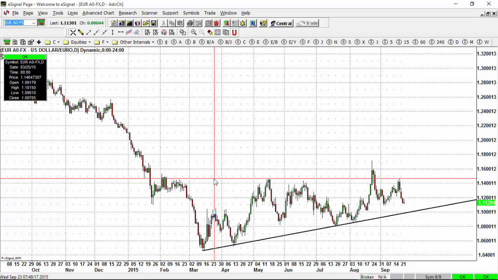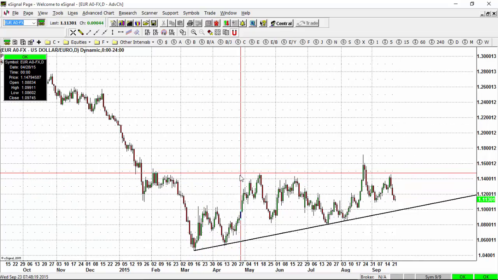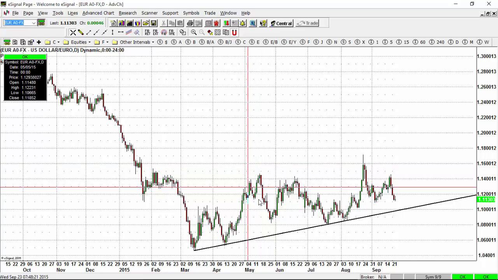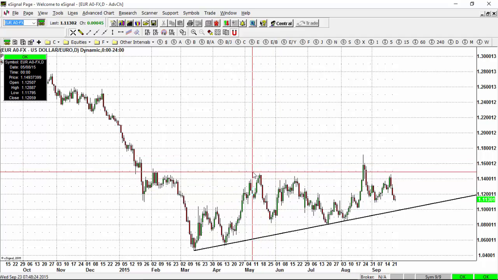I can imagine we're in late September already, and this market has been in a consolidation for the last 7 months. So this is a very long consolidation in the markets, and I know this consolidation has been frustrating a lot of investors.